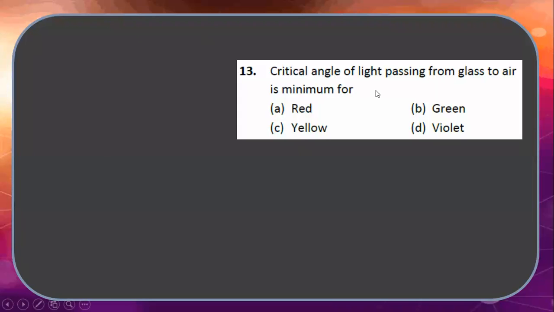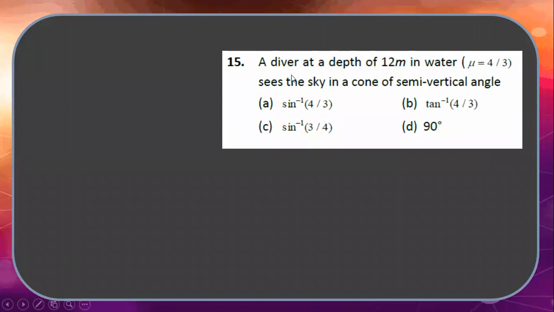The critical angle of light passing from glass to air is minimum for violet. A diver at a depth of 12 meters in water, with refractive index 4/3, sees the sky in a vertical cone.